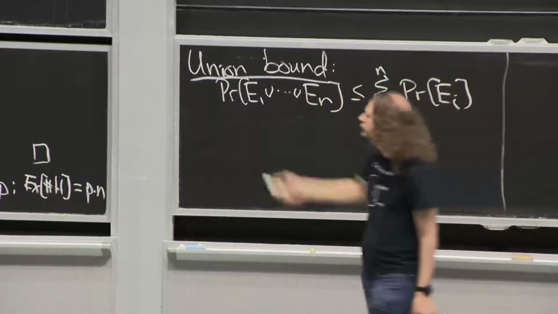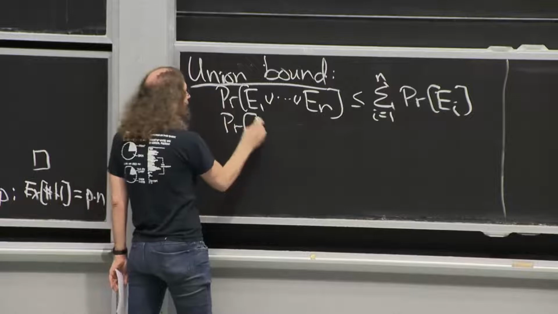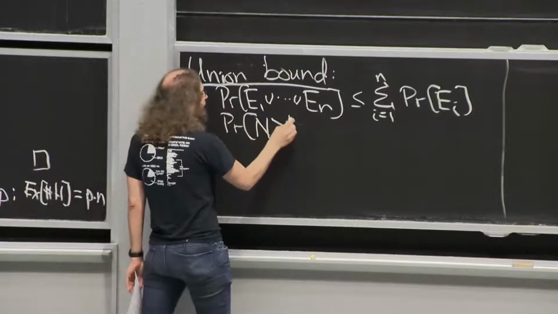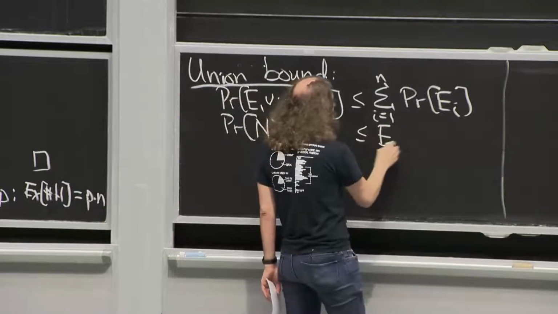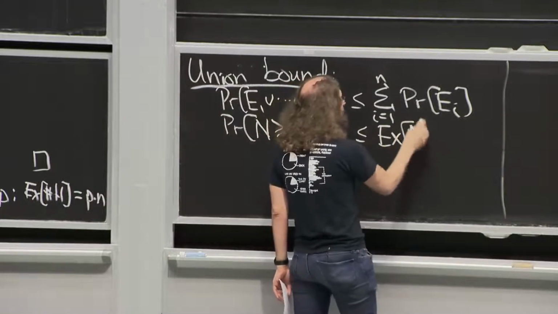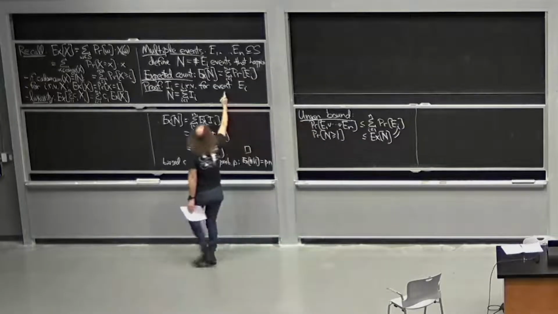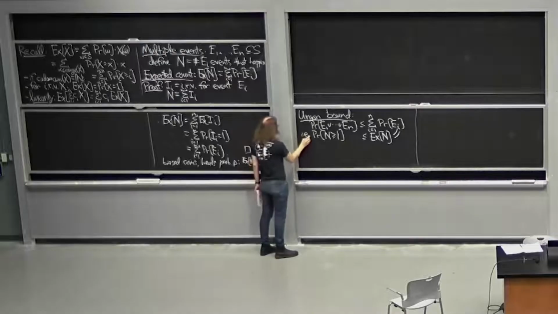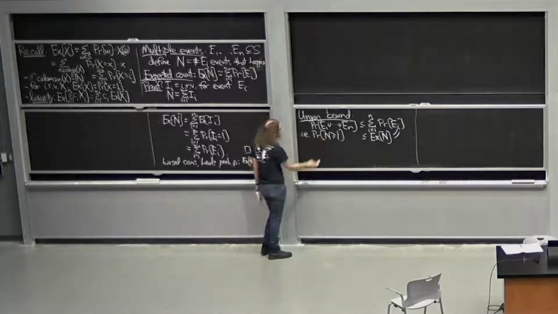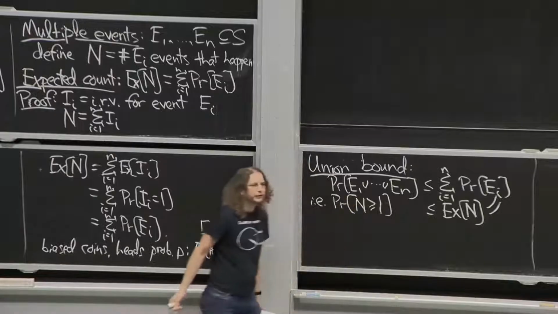In other words, using the terminology from over here, the probability that at least one event occurs, that's the probability that n is at least 1, is at most the expectation of the number of events. Because these two things are equal by this previous theorem here. So these two statements are equivalent. Because the number being at least 1, that's the same as at least one event occurring. That's the same as the union of these events.